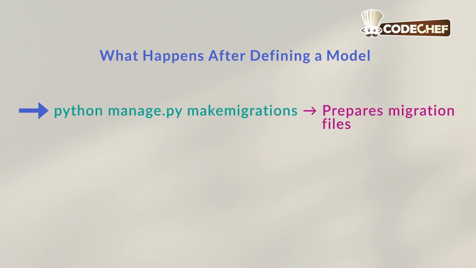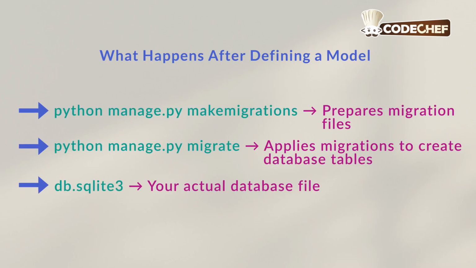Now what happens after defining a model? Once you have defined your model, you don't need to manually create the table. Just run these two commands, makemigrations and migrate. The syntax is given here. Django first prepares SQL commands based on your model and then actually executes them to create your database.